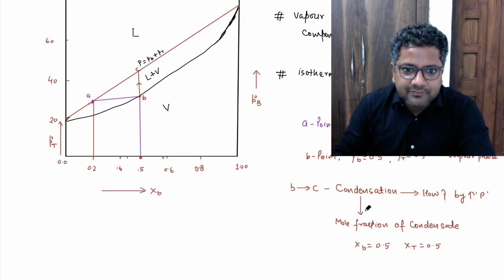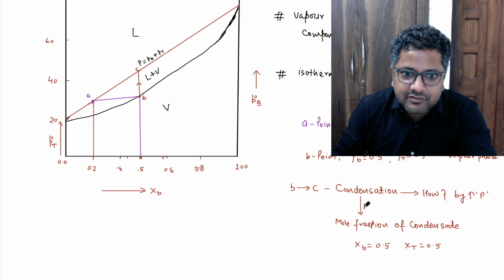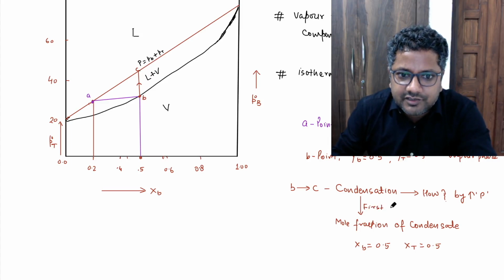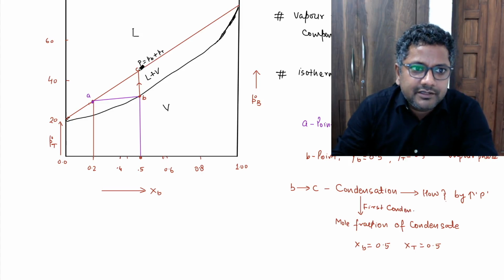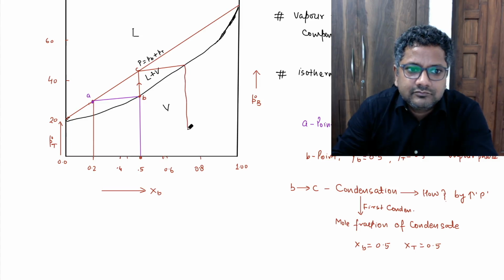Now this is the first condensation. Now find the corresponding point in the vapor phase with respect to this. When you take it, you will find, let it be 0.7.